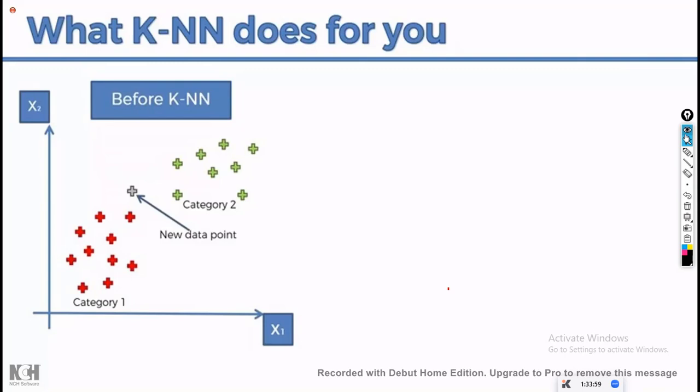That is the reason it is called lazy: it takes more time to do that work. And that is the reason in real life, KNN is not selected for large data sets. KNN is best suited for small data sets, not for large amounts of data. Is that clear?